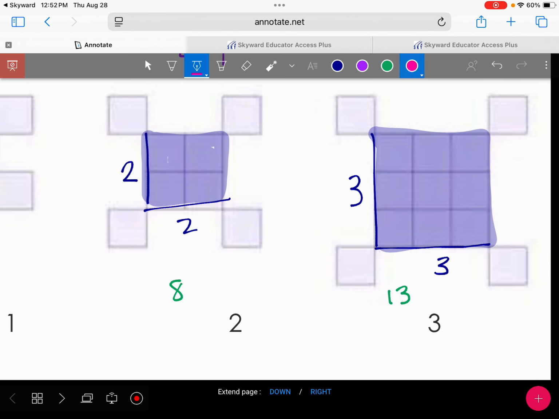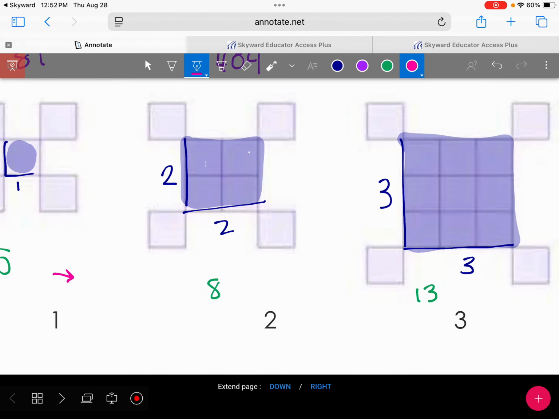This one went up by 3, and this one went up by 5. They didn't go up by the same amount, so I can't say it's my slope. If they go up by different amounts, we look at our shapes.